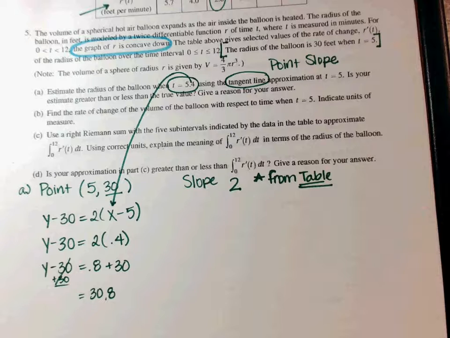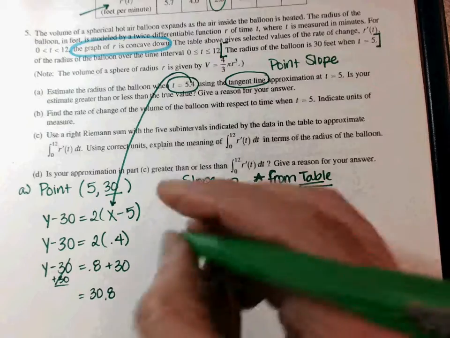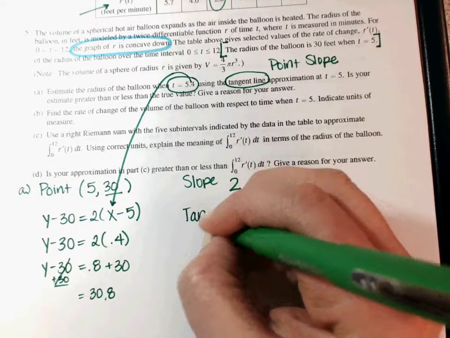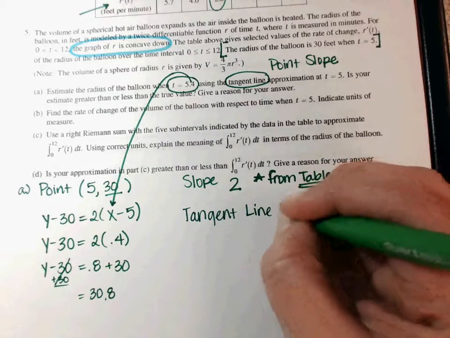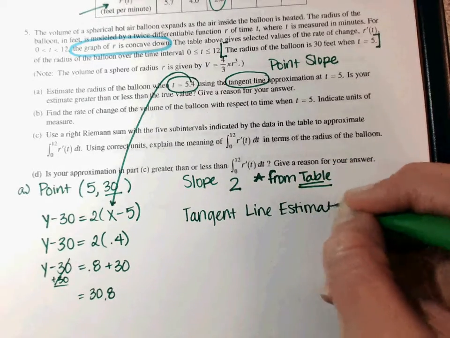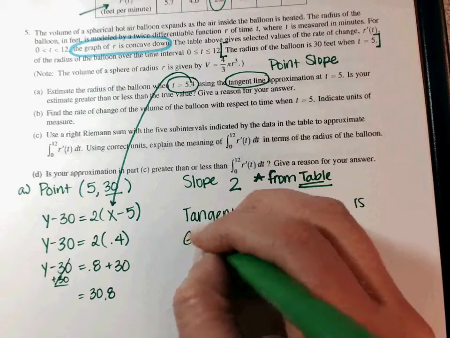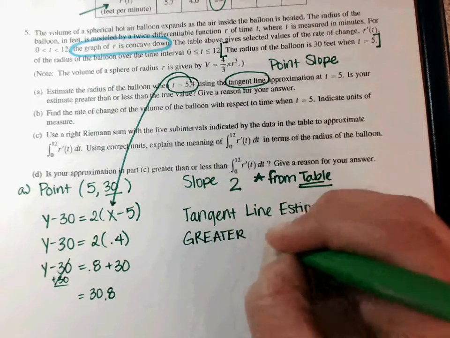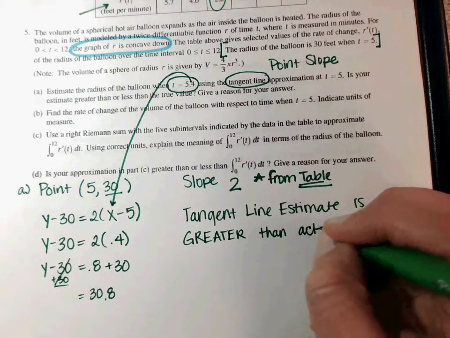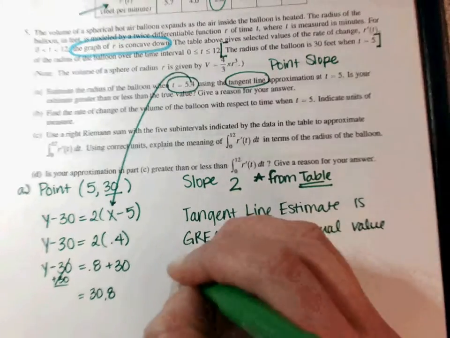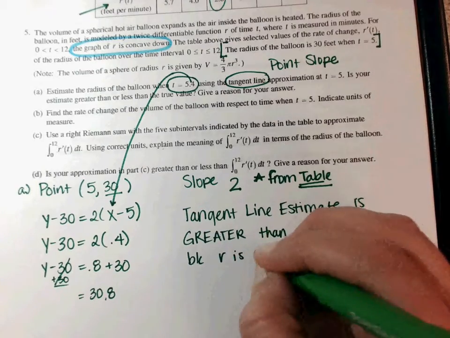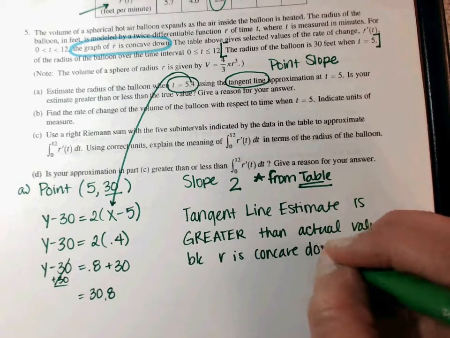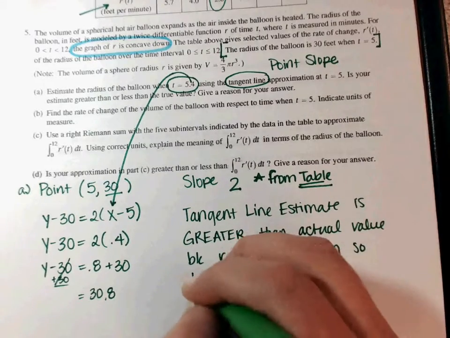Now draw a concave down graph, then draw a tangent line. Where does your tangent line fall? Above. It's going to be above. Very good. So for the second part of the question, I would say tangent line estimate is greater than your actual value because R is concave down, so tangent line is above.